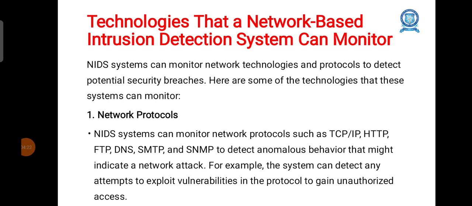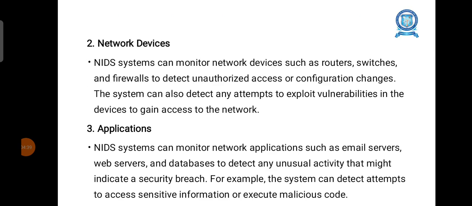Here are some of the technologies that a network based intrusion detection system can monitor. First, it can monitor the network protocols. The behavior and functionality of various network protocols can be verified and monitored to identify attacks, if any. Then the network devices can be monitored.